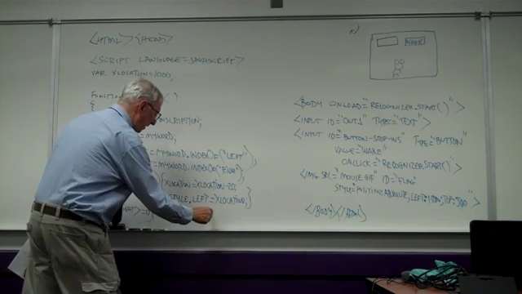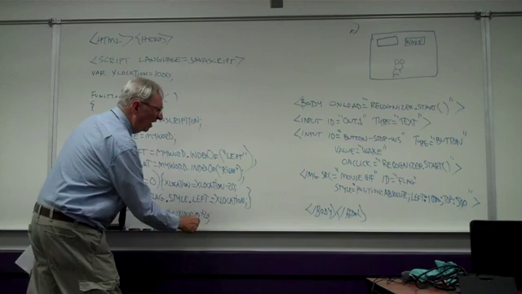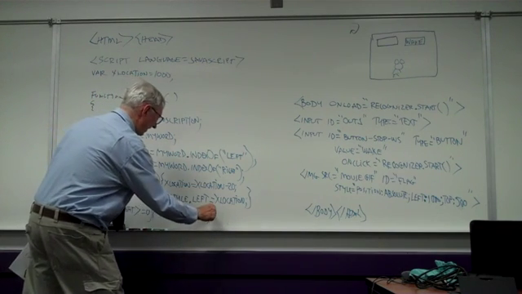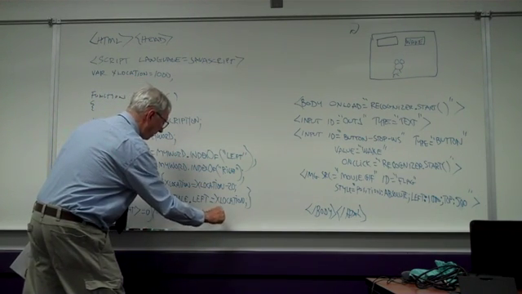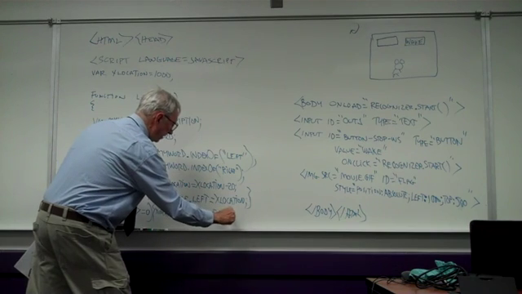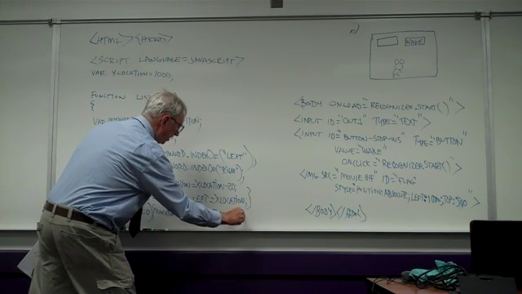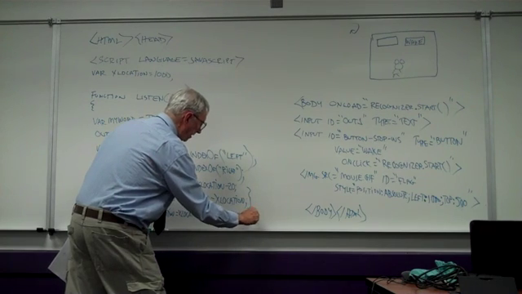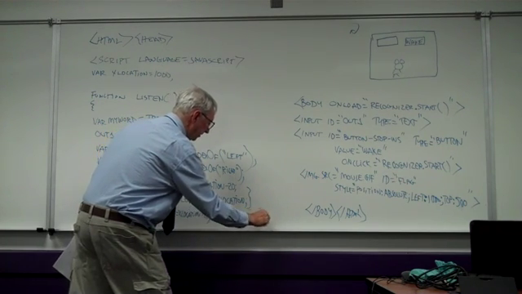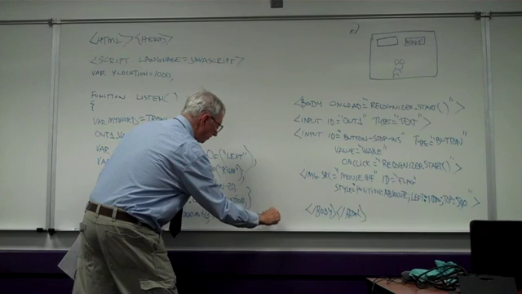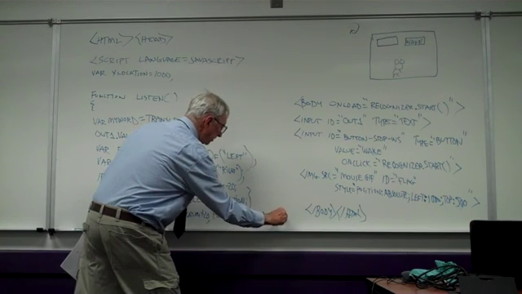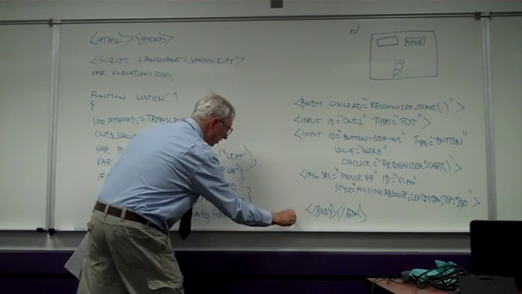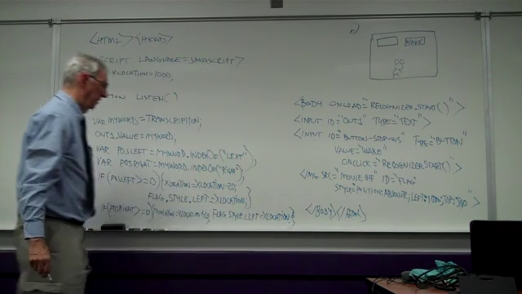And then finally we say, the same variable here, flag dot style dot left equals x location. Semicolon, close. There's right here.